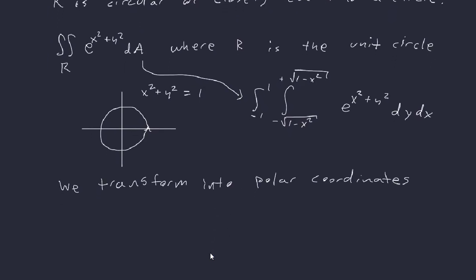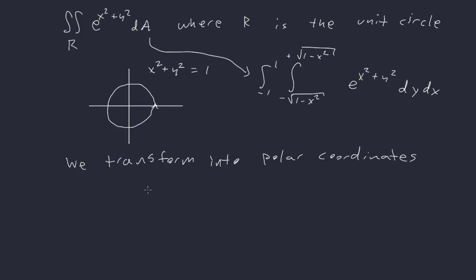Well, here's how it works. For every point in xy, let's say here's our point xy, and this could be any point. This is determined by a horizontal value and a vertical value, right? This is basically telling us that we go out x and we go up y.